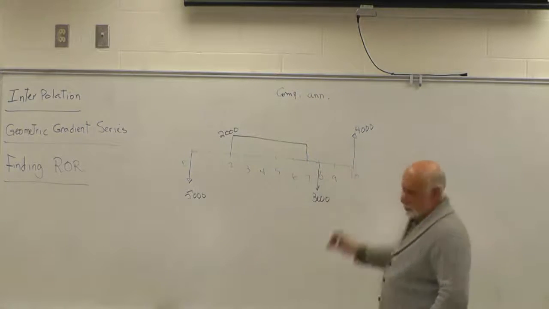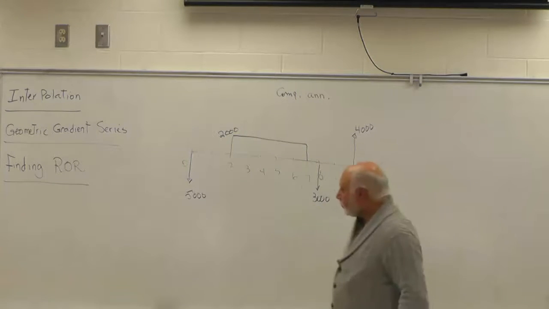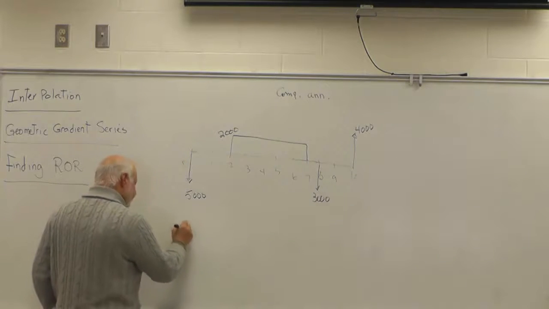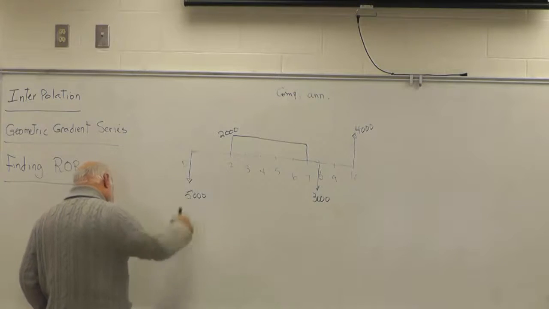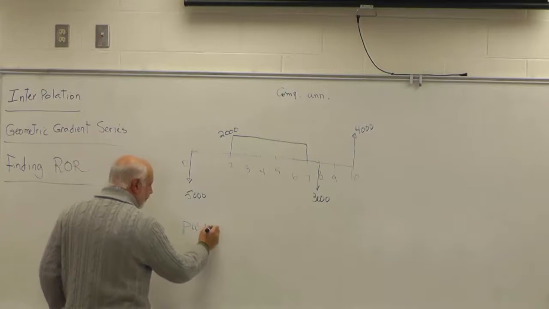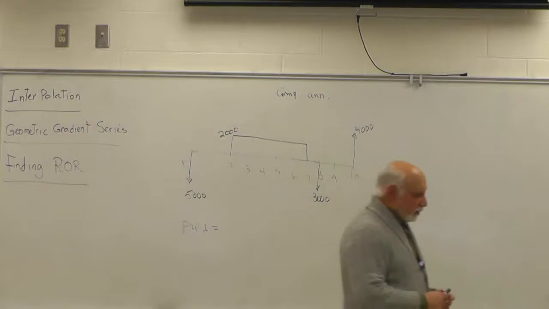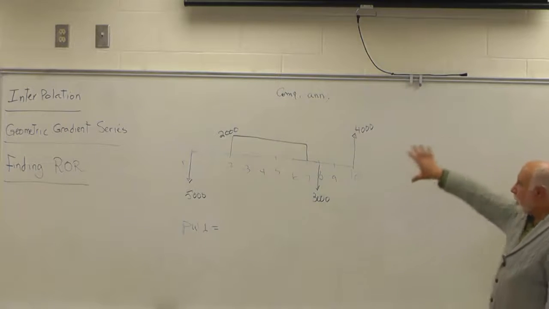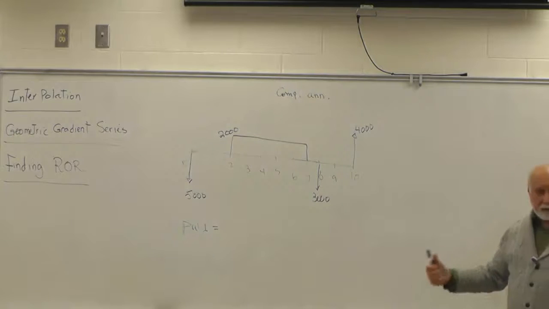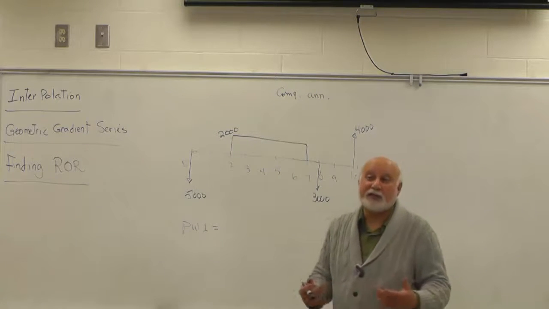First, the positive ones. How am I going to write the present worth, let's say PW1, the present worth for the positive ones, incomes, revenues? You're writing the formulas initially.